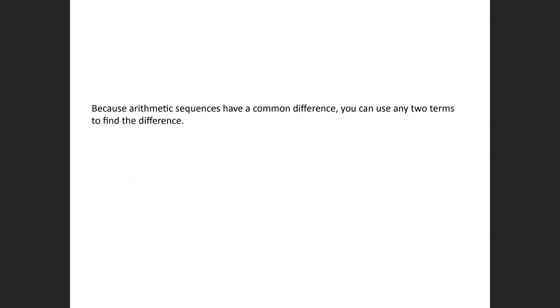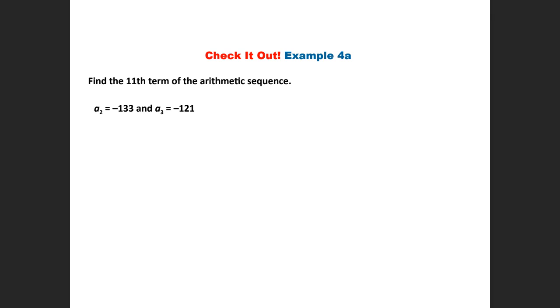Because arithmetic sequences have a common difference, you can use any two terms to find the difference. So for example, if they gave me a sub 2 is equal to -133 and a sub 3 is equal to -121, I should be able to figure out what the d value is, right? It asked me to find the 11th term of this arithmetic sequence.